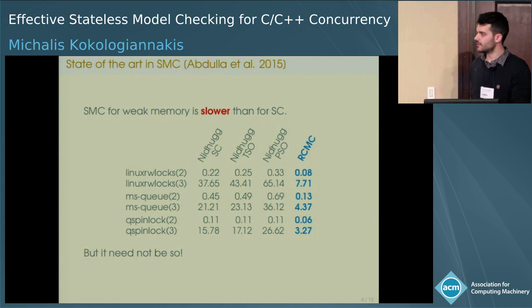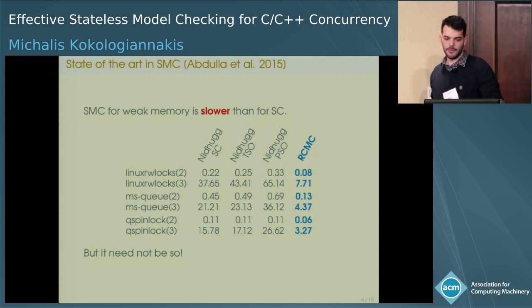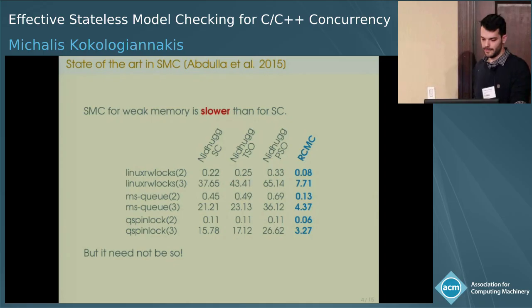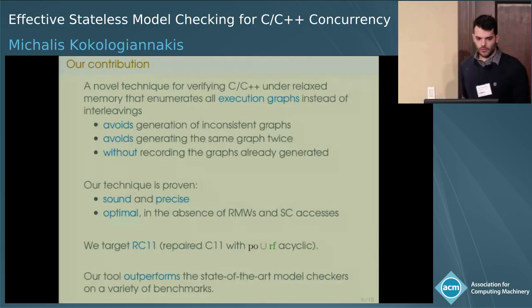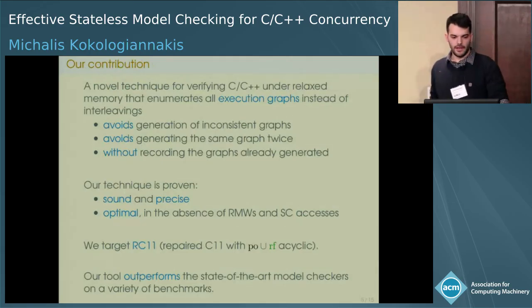So I'll present our approach, which we have implemented in a tool called RCMC, which manages to outperform the state-of-the-art stateless model checker, even though it operates under a weak memory model. Our contribution is a novel technique for verifying C++ concurrent programs under relaxed memory.